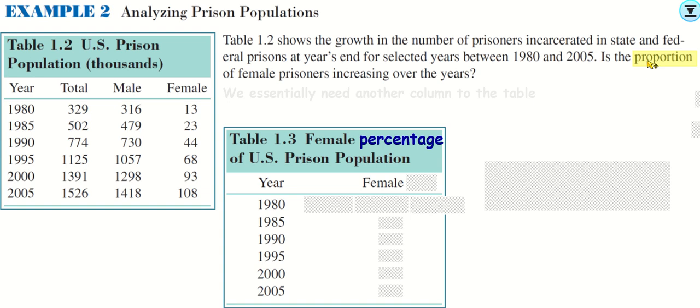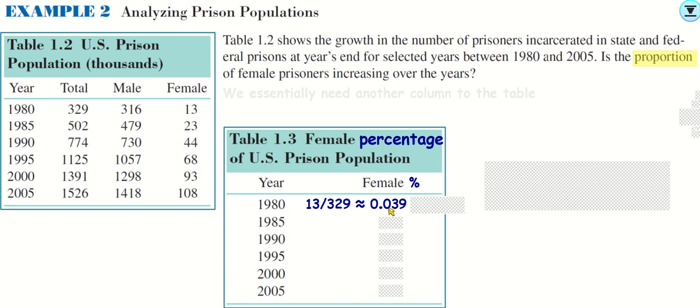Is the proportion of female prisoners, or the percentage out of the total, increasing? Because the males are also going up. So in 1980, you'd have to do 13,000 out of the grand total of 329,000.